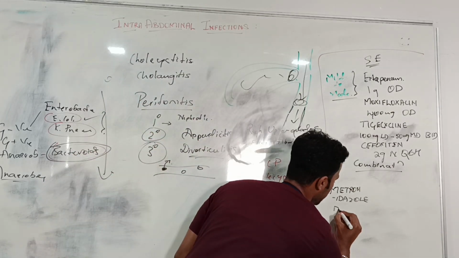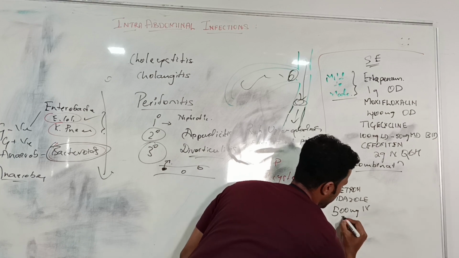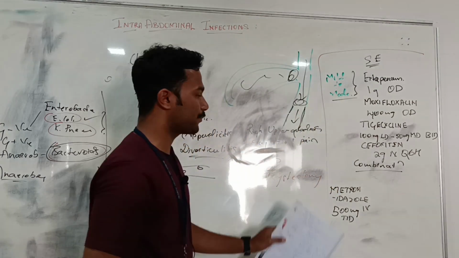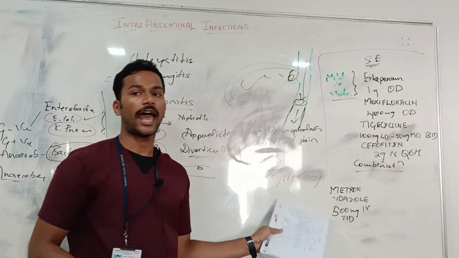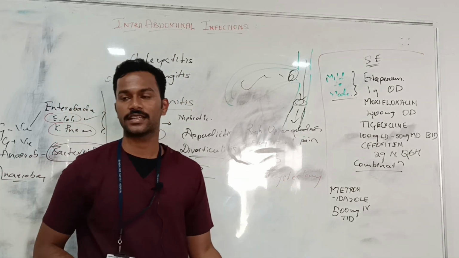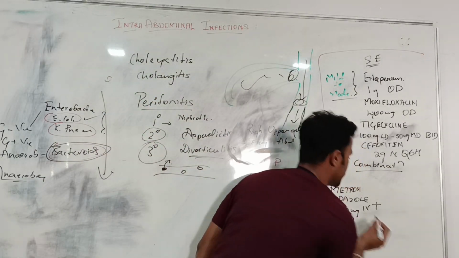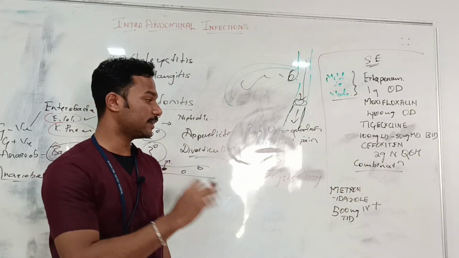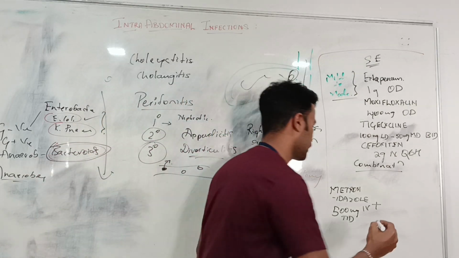Okay. 500 mg IV TID. So metronidazole covers anaerobes, Bacteroides fragilis. It covers anaerobes. Plus, this is the sole drug. Along with this, we give other combinations. So, which you have seen here.